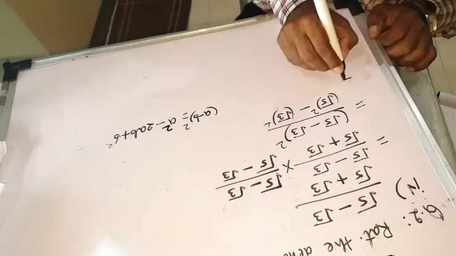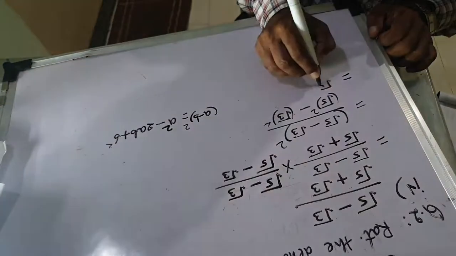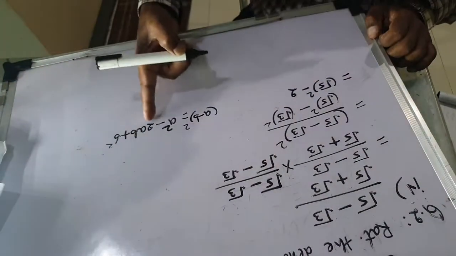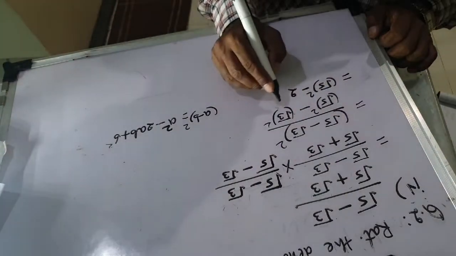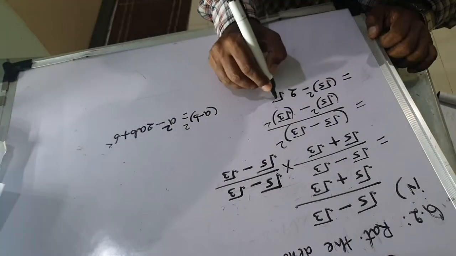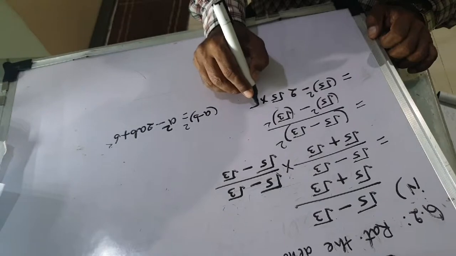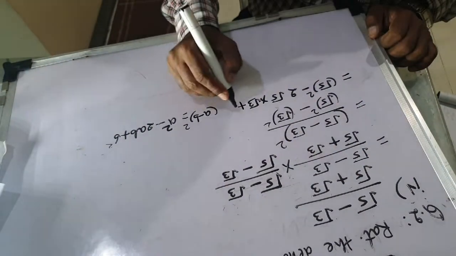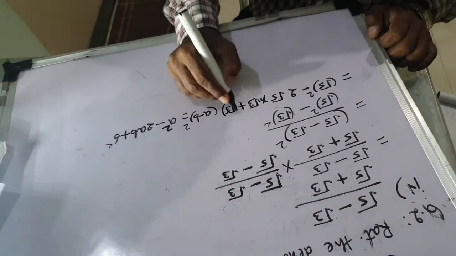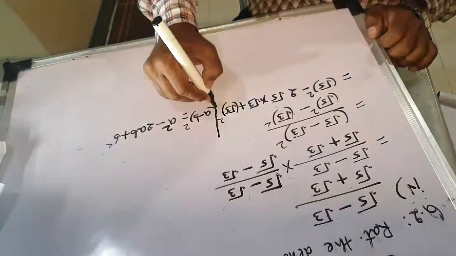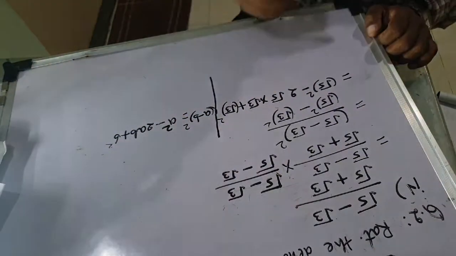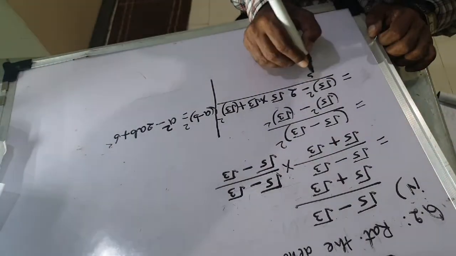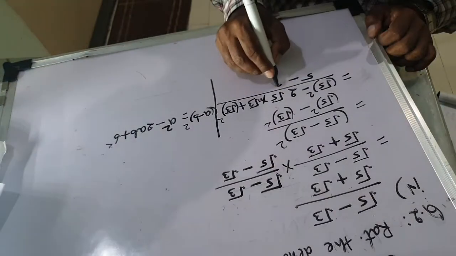A square means root 5 square. Root 5 square minus 2ab means multiplication of this, 2 root 5 into root 3, and plus b square means plus root 3 its square. So this way it will be, upon root 5 square is 5 minus root 3 square is 3.